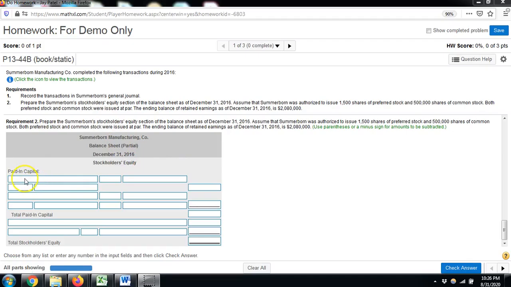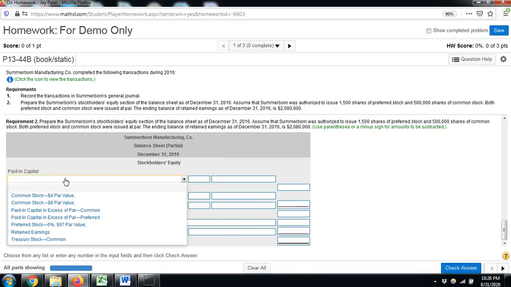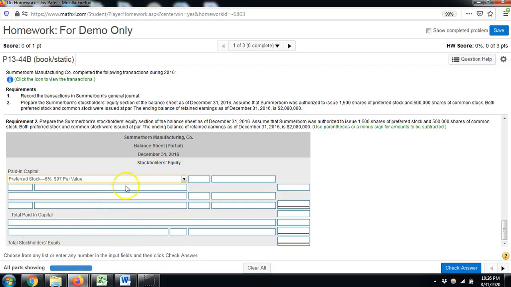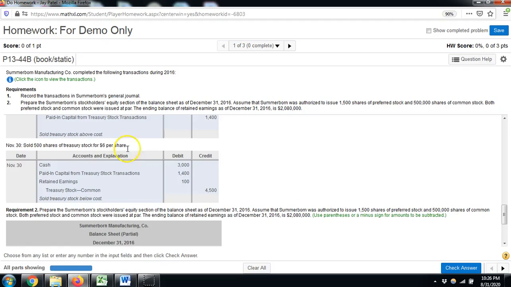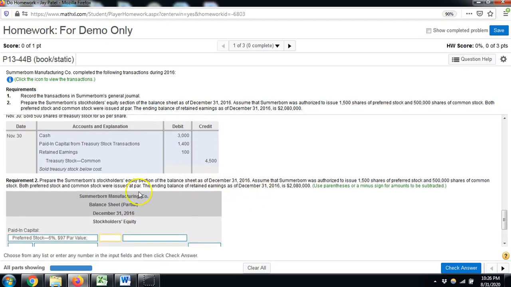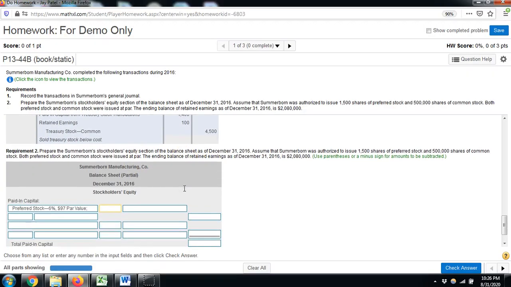Okay, so let's start with our paid in capital. So obviously the first thing we want to do is list our preferred stock. And so we have preferred stock, 6%, $97 par value. And so how many shares did we have? It told us up above, I believe, let's see.